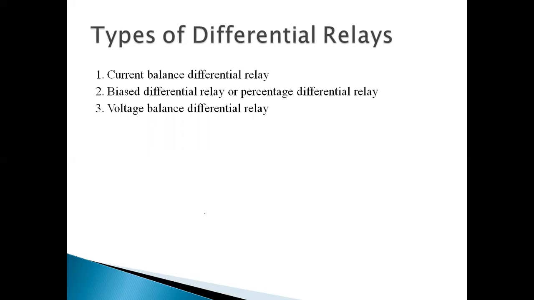First is the current balance differential relay. Second is the biased differential relay, also called the percentage differential relay. And third is the voltage balance differential relay. Everyone note these three types. Then we'll see the first type, the current balance differential relay.